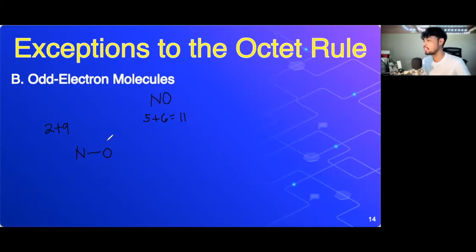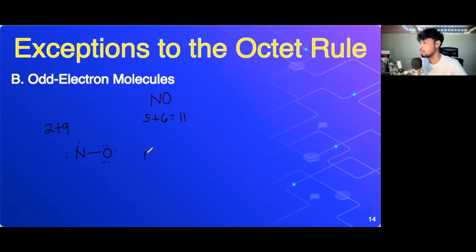We're going to add the electrons first to the oxygen atom because it is a more electronegative atom than nitrogen. So we're going to add 3 lone pairs to oxygen, and a lone pair and a single electron to the nitrogen atom. So we now have 8 electrons for oxygen and 5 electrons for nitrogen.